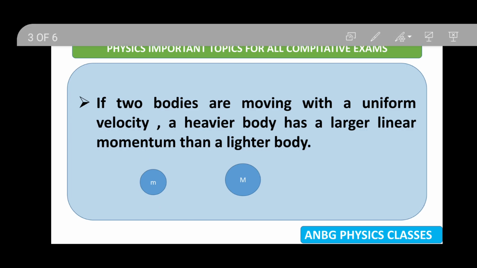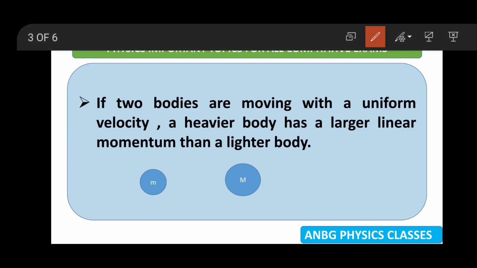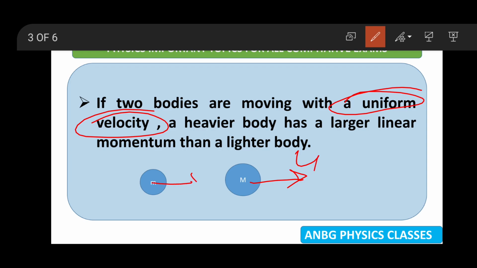If two bodies are moving with a uniform velocity, a heavier body has larger linear momentum than the lighter one. If both are moving with the velocity u, the one with the larger mass has the greater momentum than the smaller one.